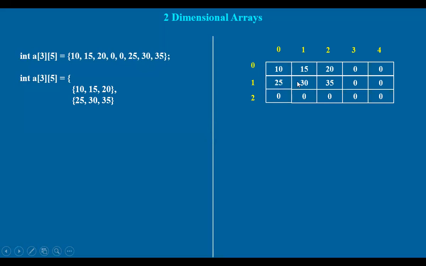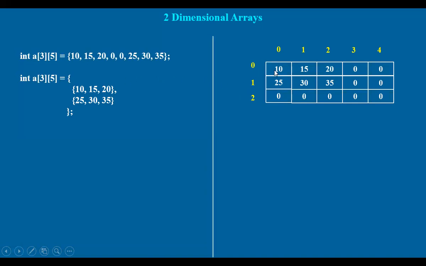This set of brackets is used to identify only 3 elements in the first row, and in the second row I have identified only these 3 elements. Forget about the zeros. This gives you the same result.